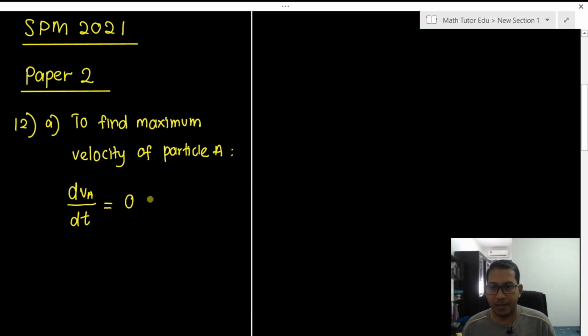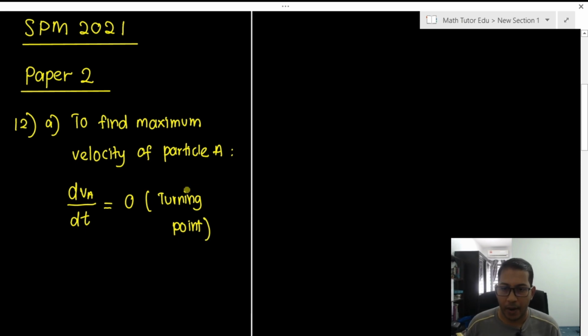This concept is also known as the turning point, which you have learned in your differentiation chapter, where the turning point is used to calculate whether your point is either minimum or maximum.